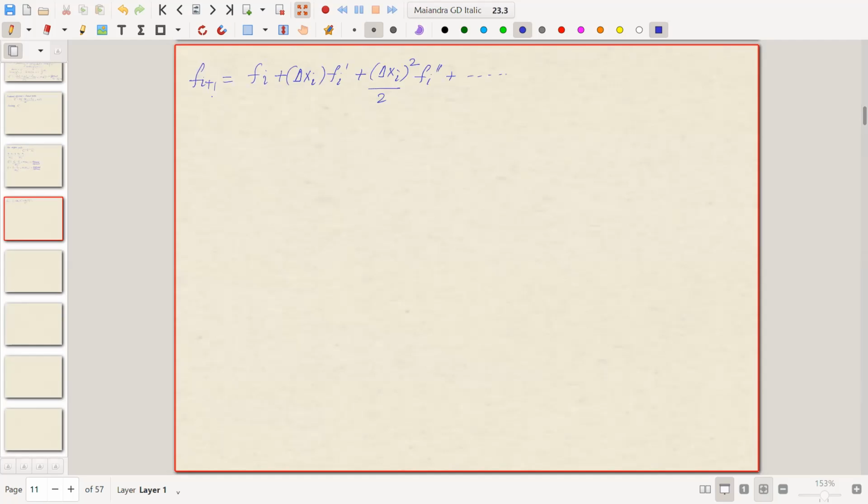Now we know from our central difference scheme which points were used, i plus 1 and i minus 1. So we have to write f i minus 1 as well. How will we write f i minus 1? It will be f i minus delta x i minus 1 times f i prime, plus delta x i minus 1 squared by 2 f i double prime. Is it correct? It should be minus for the first-derivative term.